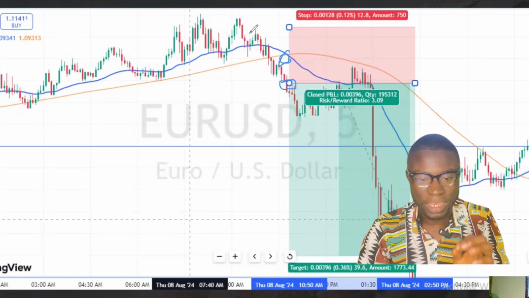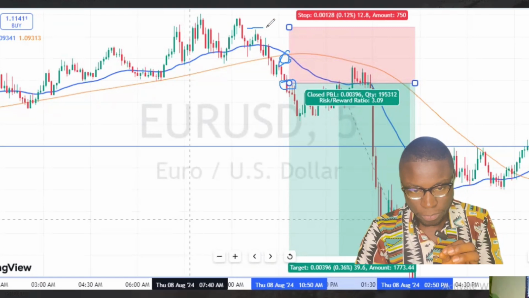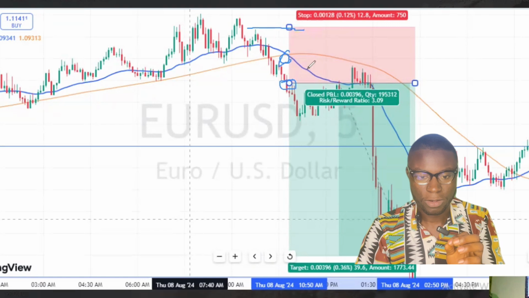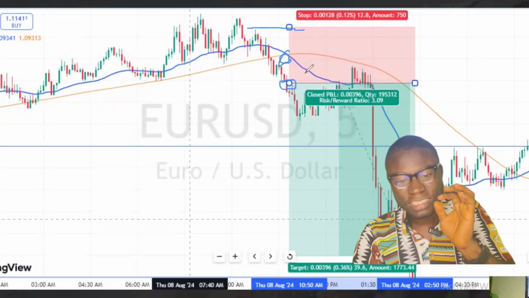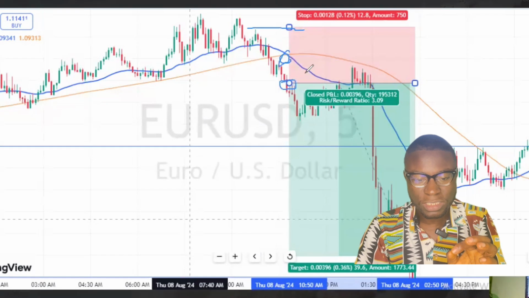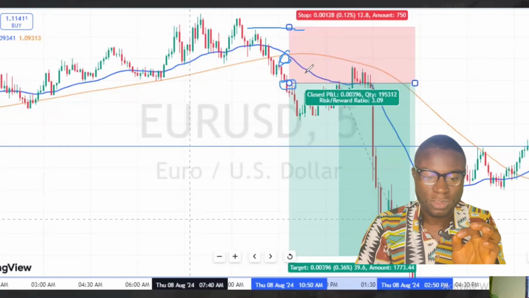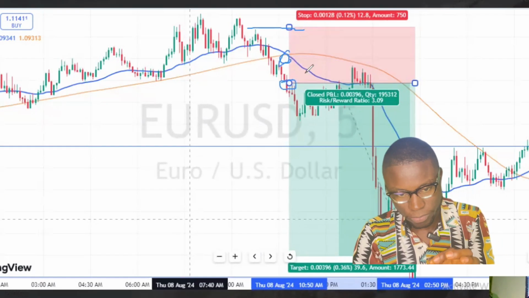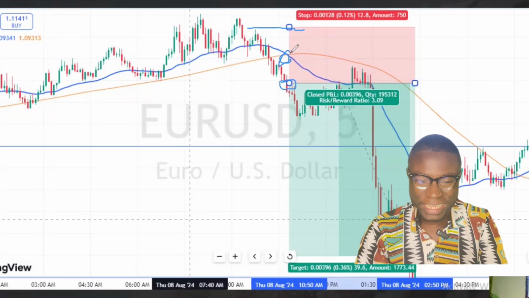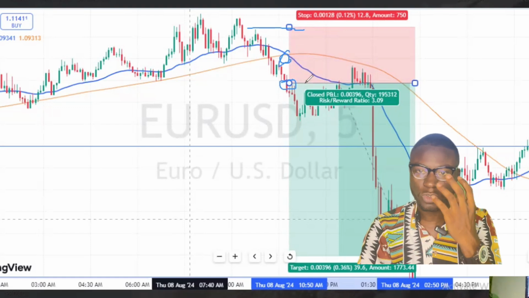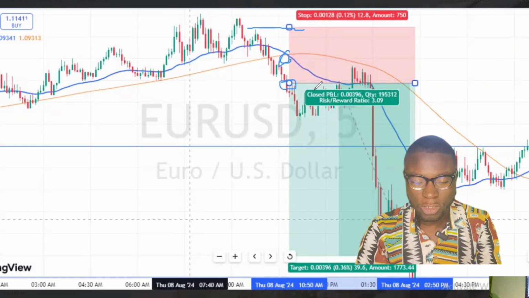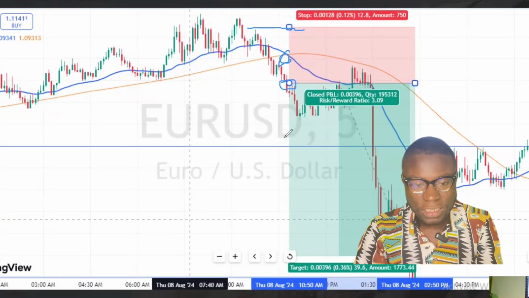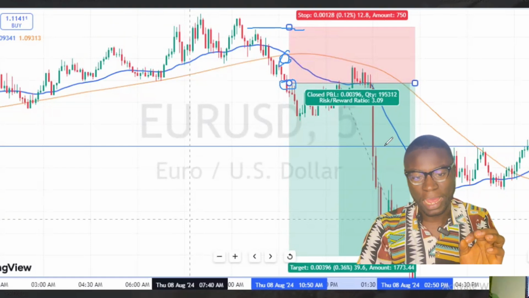Where you place your stop loss is the most recent high that you can see at your left hand side. That is the level for you to place your stop loss. Then your take profit must be a minimum of 1:2 risk reward ratio.